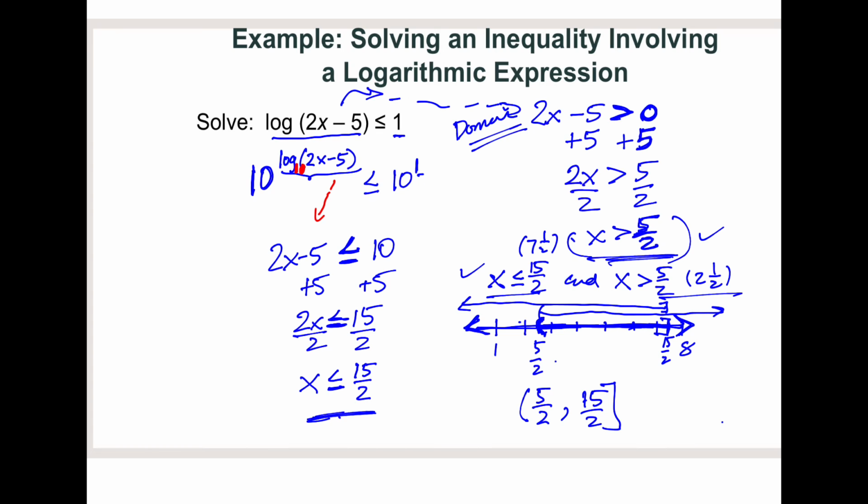So with log equations, we need to test our answers to make sure we don't get something negative. We can't take the log of something negative, so if we have expressions, we've got to plug them in and see what we get with those. Also, when we're doing log inequalities, we need to find the domain of those inequalities, and then the solutions, and then find their intersection.